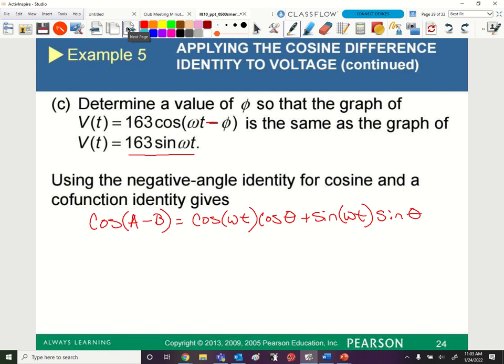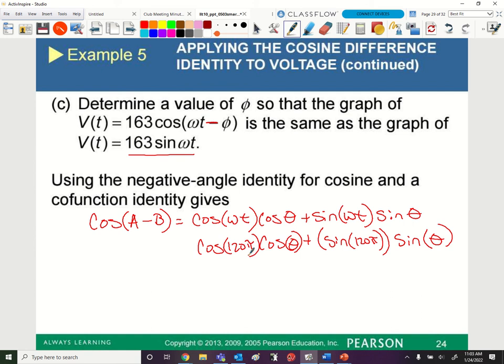So we're plugging in all these values that we know to find something that we don't know.